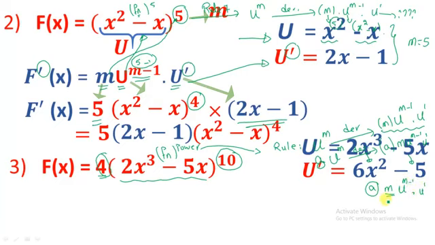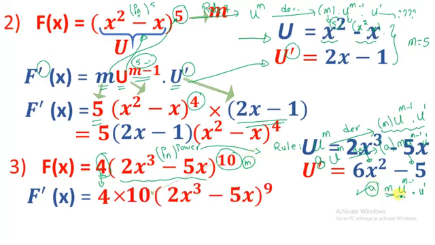multiplied by the function raised to power m minus 1 multiplied by u prime. So f prime of x equals, first the constant we have, which is 4. Then we apply the rule as usual, multiplied by m which is 10, multiplied by the function between the brackets, 2x cubed minus 5x, to the power m minus 1.